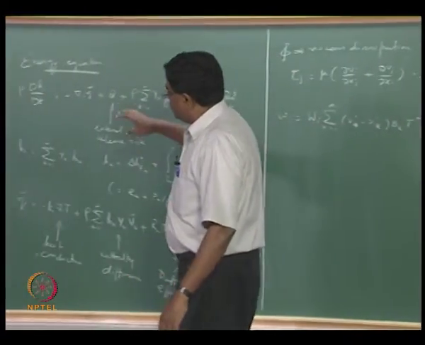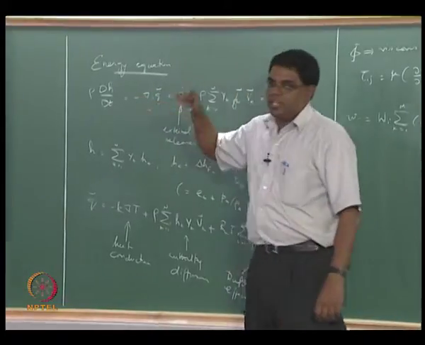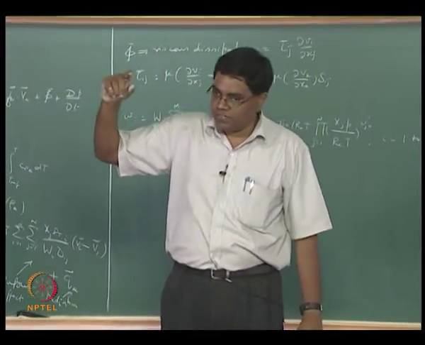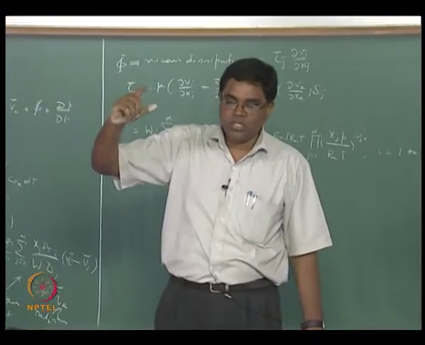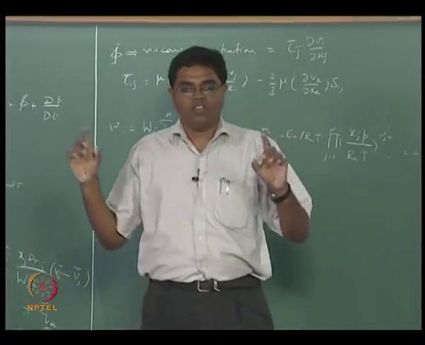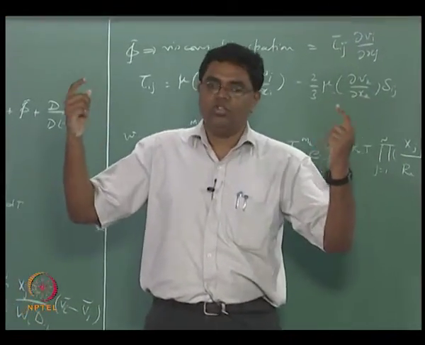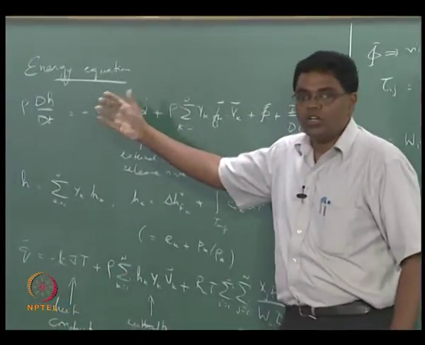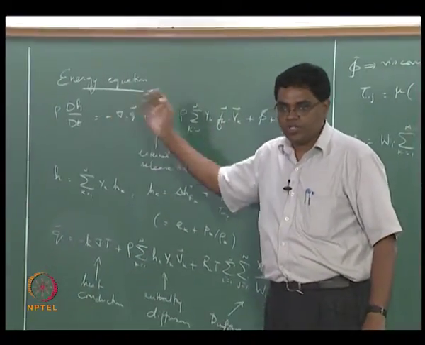And how did you get this? You now take a dot product of the momentum equation with the flow velocity, which means the mixture mass averaged velocity of the mixture, then you get what is called a mechanical energy equation. You subtract the mechanical energy equation from the total energy equation to get the thermal energy equation.